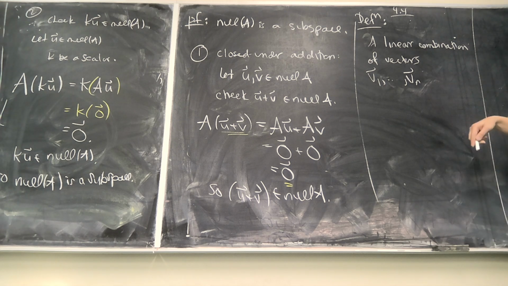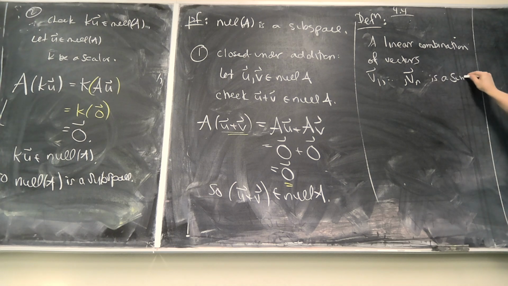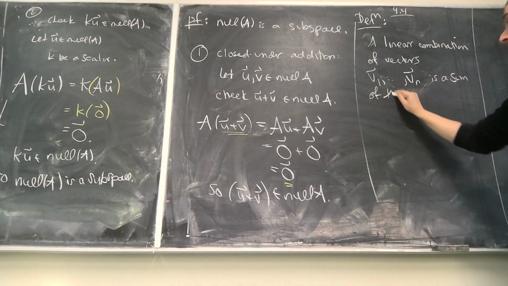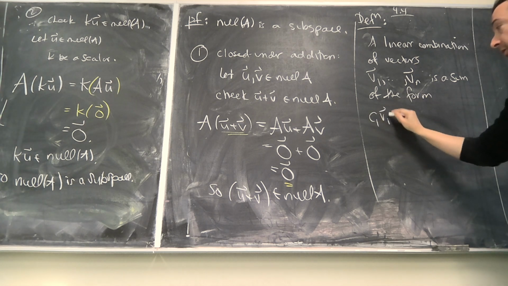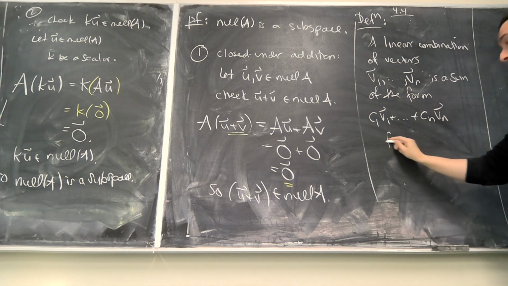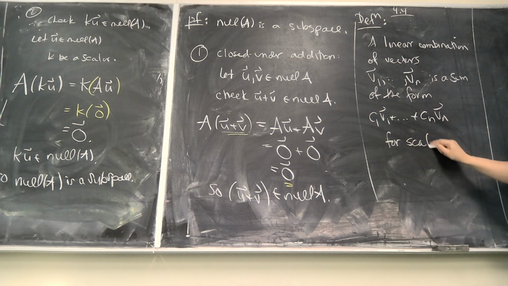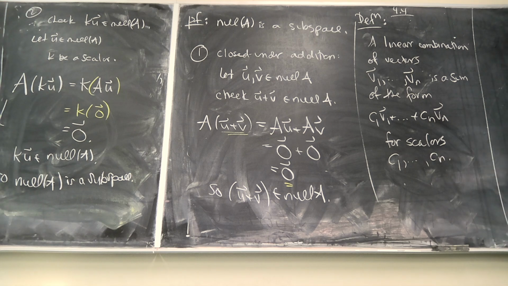A linear combination of vectors v1 through vn is a sum of the form c1 v1 plus up to cn vn for some scalars c1 to cn. I take my vectors, I multiply them all by scalars, I mash them together with addition. That thing that you get is the linear combination.